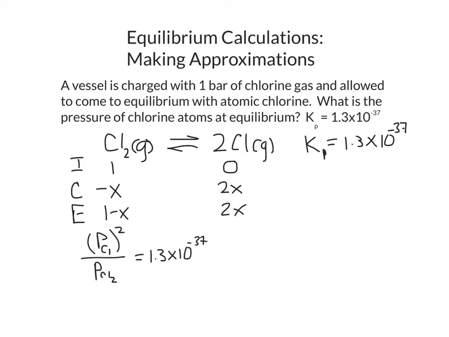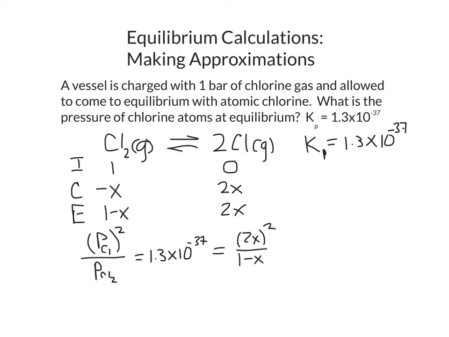My ICE chart tells me that the pressure of chlorine molecules is 1 minus X at equilibrium, and the pressure of chlorine atoms is 2X at equilibrium. So I can make those substitutions and write that (2X) squared divided by (1 minus X) is equal to 1.3 times 10 to the minus 37.